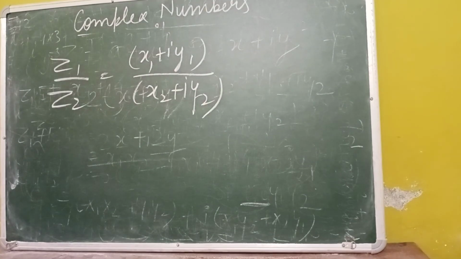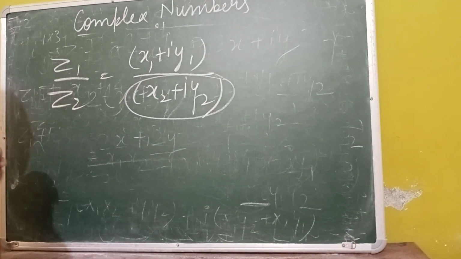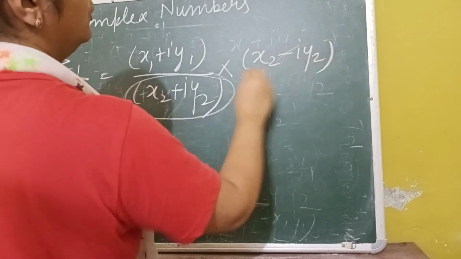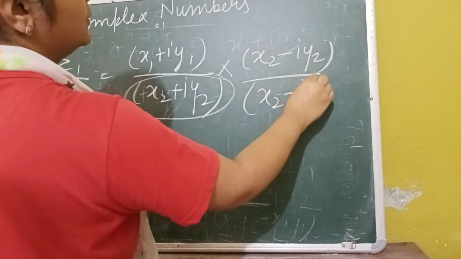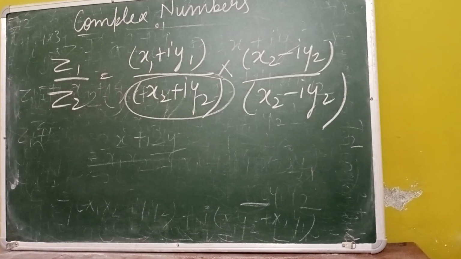For division there is a need for the conjugate. This type of division we will solve by using the conjugate. As you know, we usually apply the conjugate of the denominator. So it will be x2 minus iy2 in the numerator and also x2 minus iy2 in the denominator. We solve it, and that will be the form of the division.